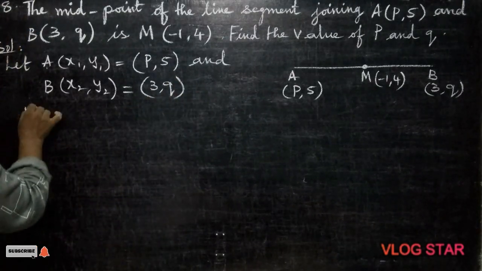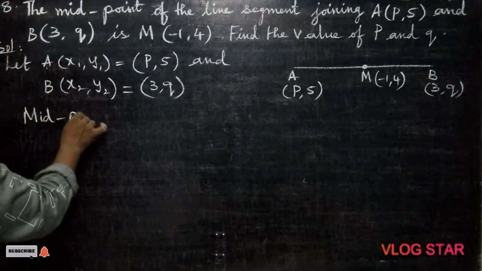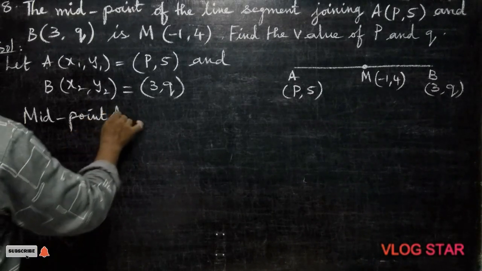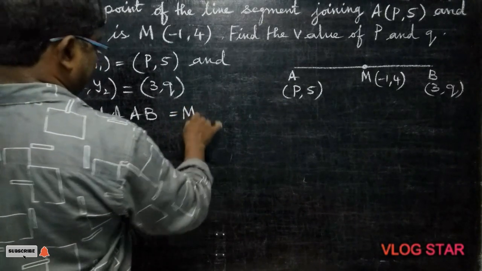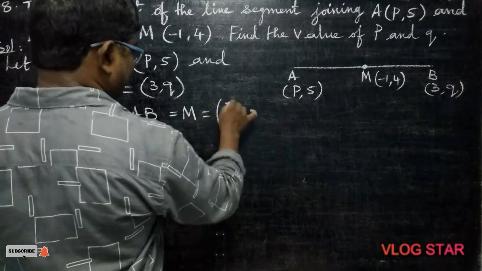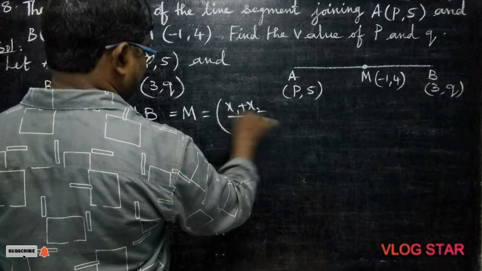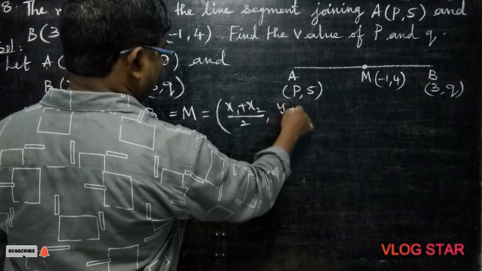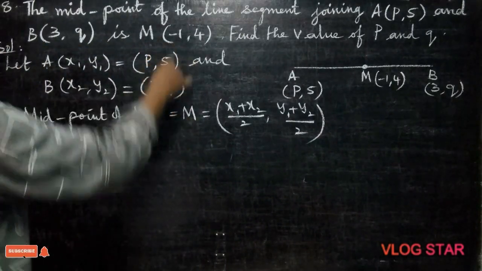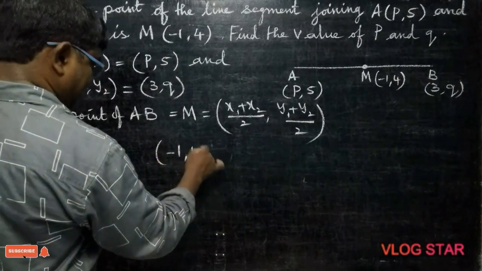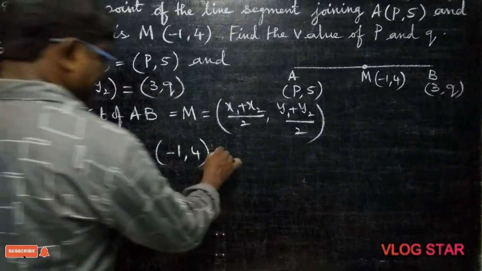Now midpoint of AB, that is equal to M. What is the formula? (x1 plus x2) by 2 comma (y1 plus y2) by 2. Midpoint formula. But they gave the answer. How much they gave? (-1, 4). M value they only gave.